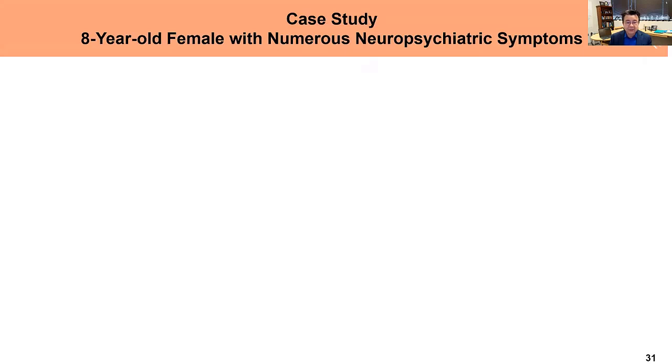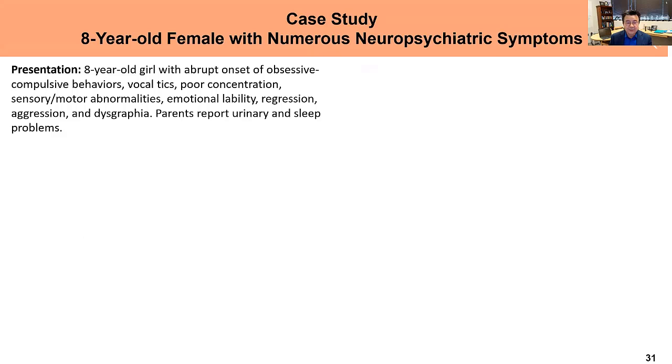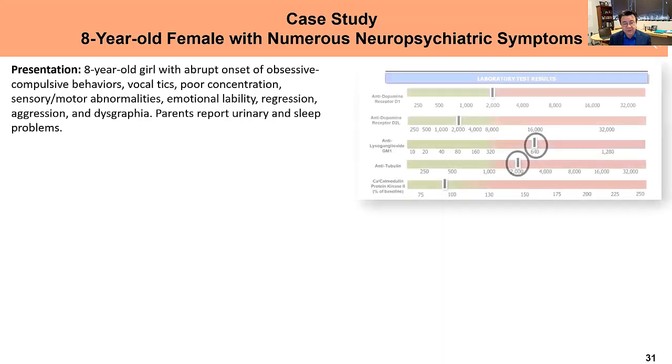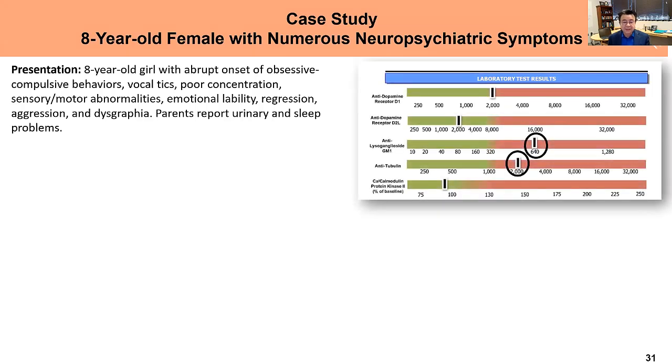This is an 8-year-old young girl who had numerous psychiatric symptoms, abrupt onset of OCD, emotional lability. She began to wet her bed, sleep problems, which is not uncommon with disruption in this part of the brain. She had a lysoganglioside GM1 positive and a tubulin positive.